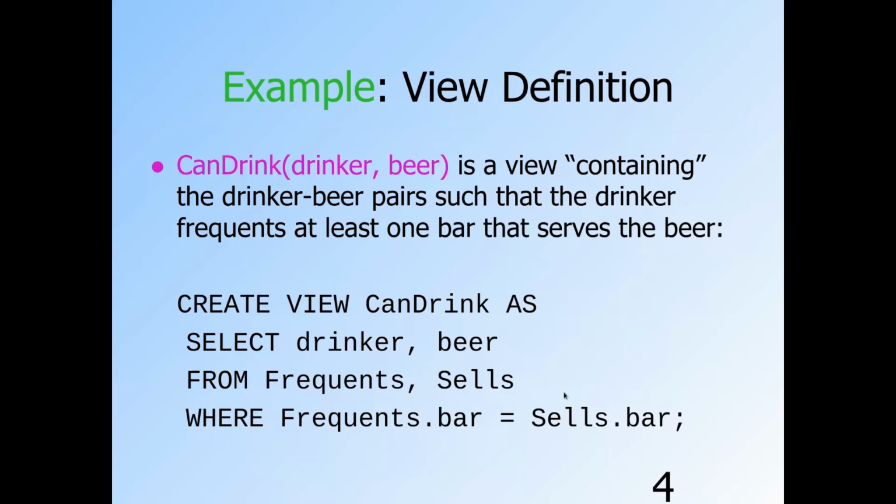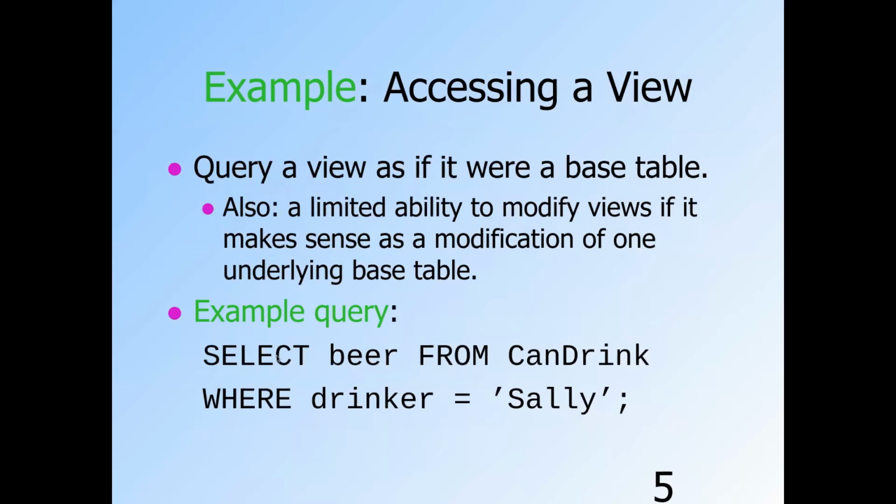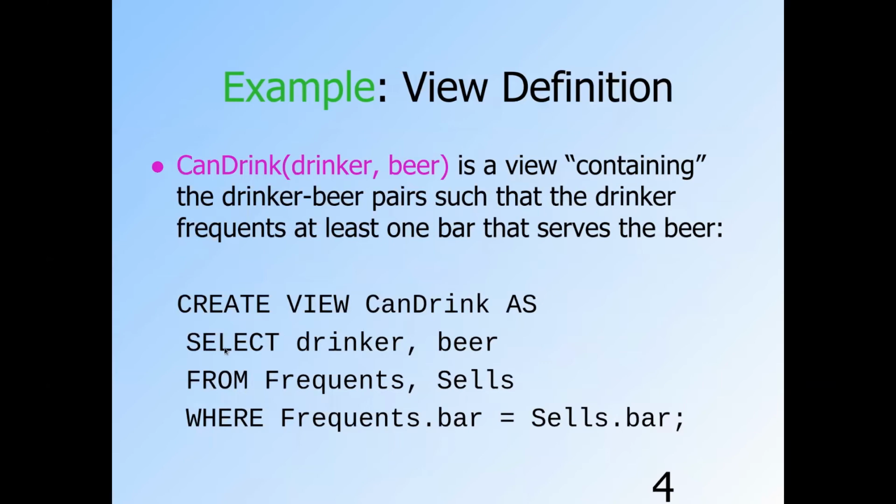When you ask a query, like select the beers from CanDrink where the drinker is Sally, internally it goes to this CanDrink table and expands it with this definition, so the definition gets substituted in.